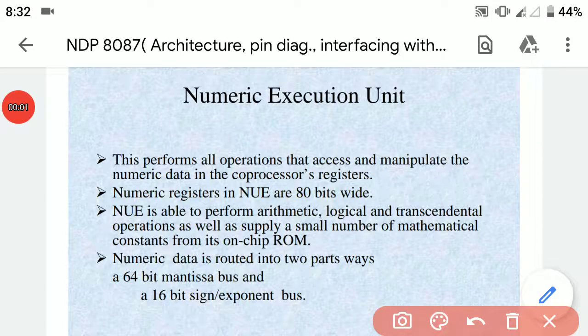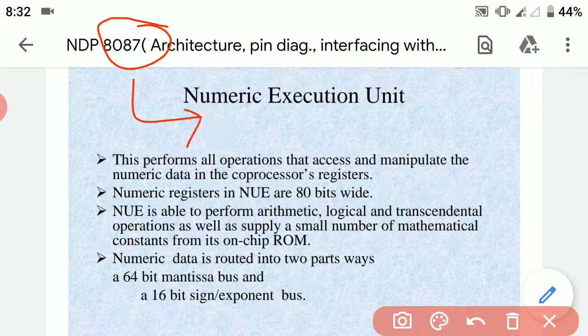We have another main unit in the 8087 NDP processor, the numeric execution unit, NEU. This execution unit actually performs all the mathematical and arithmetic calculations that are handed over by 8086, which is our main processor.